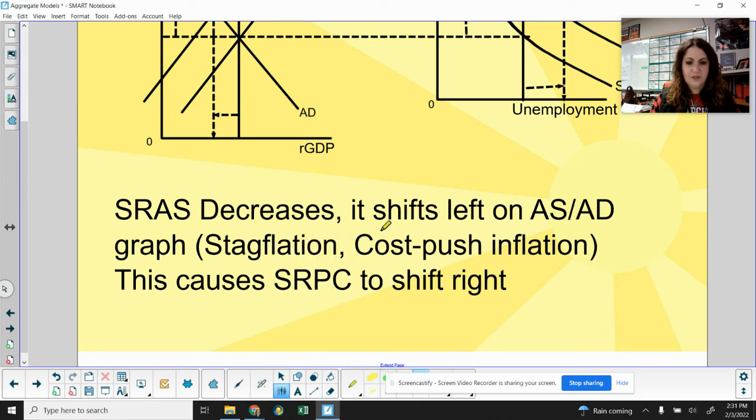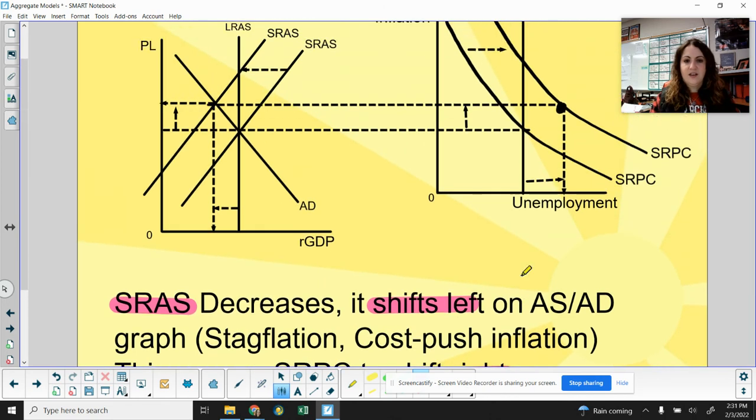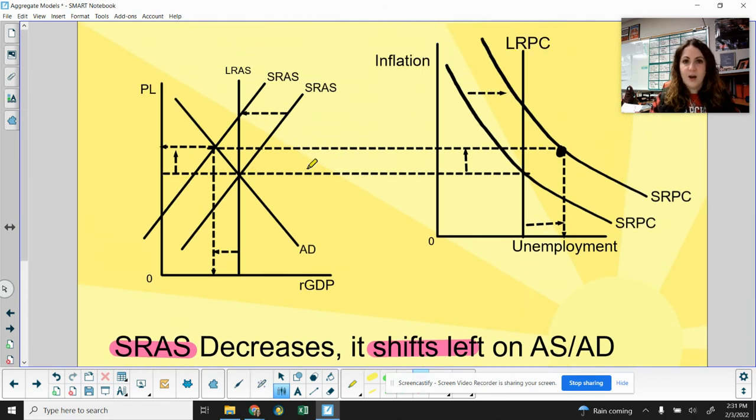Highlight red. When aggregate supply shifts left, short run Phillips curve shifts right. So they shift in opposite directions. So when aggregate supply decreases because of cost push inflation, which is called stagflation, it's going to cause a rightward shift of the Phillips curve.